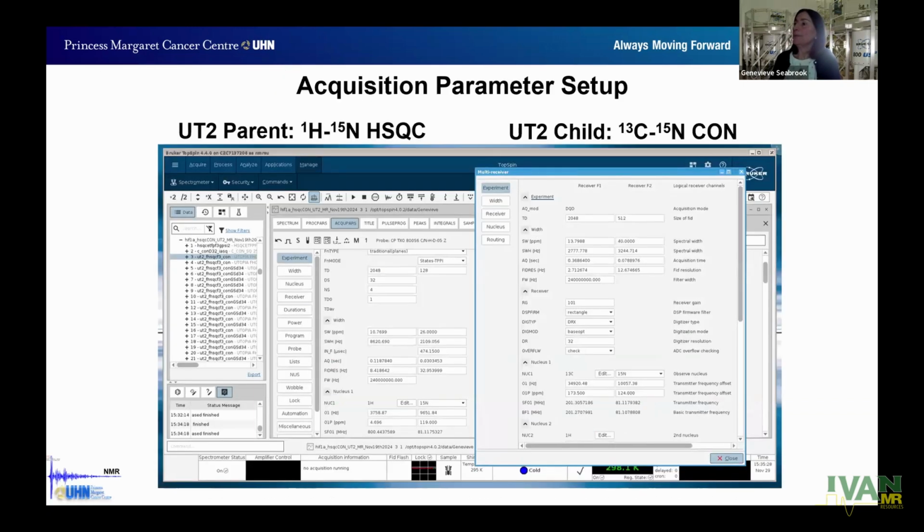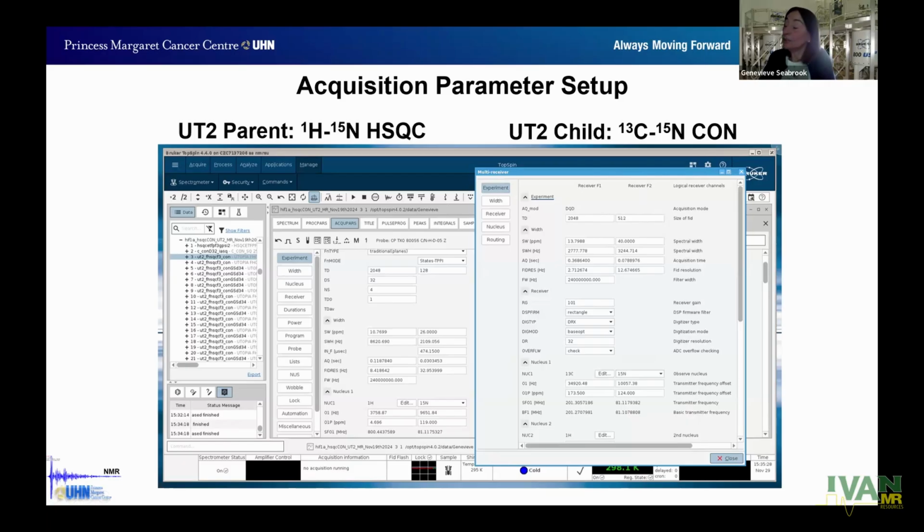The way you set it up is that you set up your HSQC exactly like a normal HSQC, like you would do all the time. Then there's that icon here, the M. You click on it, it pops up another window, and in this window you set up your CON experiment. You do have to be careful with the delays, so you need to adjust those delays.